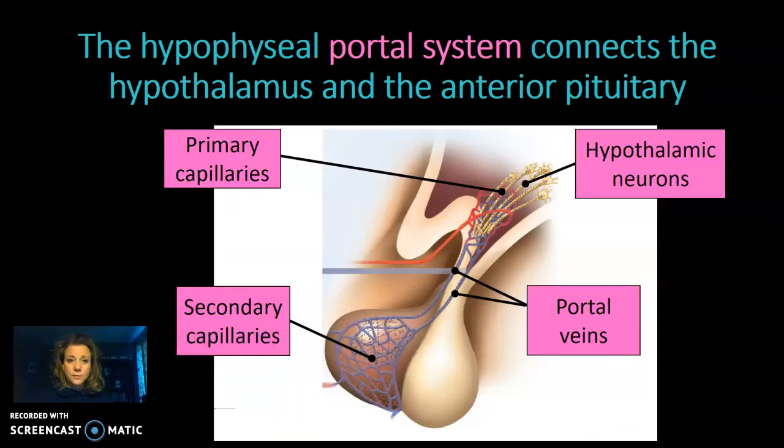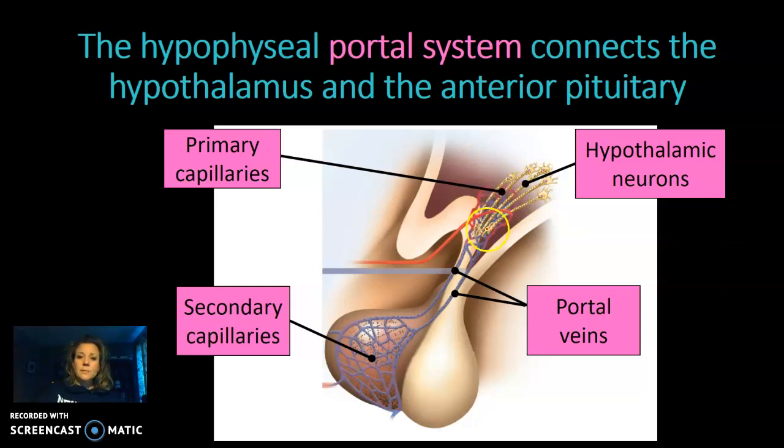All right, as I mentioned, the hypothalamus is connected to the anterior pituitary gland via the hypophyseal portal system. If you look here, we've got hypothalamic neurons that are looped around and surrounded by capillaries, which are called primary capillaries.